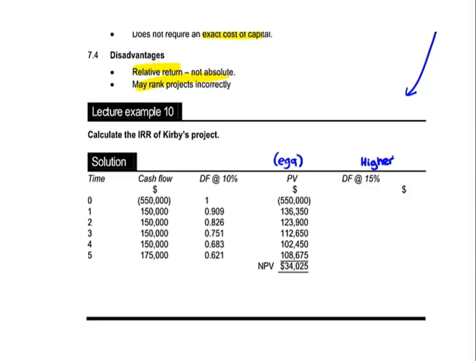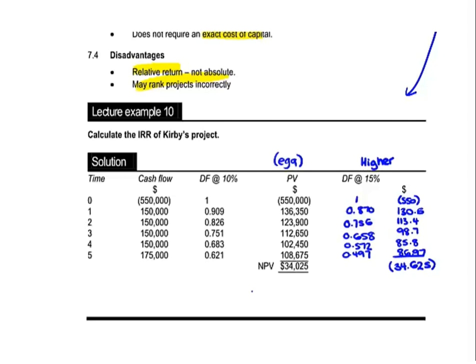So what we need to do now then is to appraise the project at a 15% cost of capital. So we need to get the 15% discount factors from the table and work out the NPV. So once you've done that, you'll see that the NPV at 15% is negative 34,625.